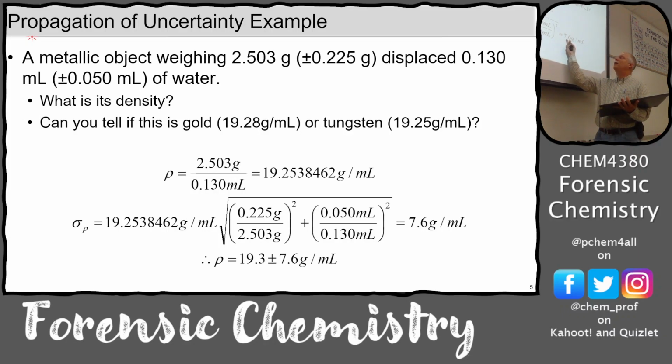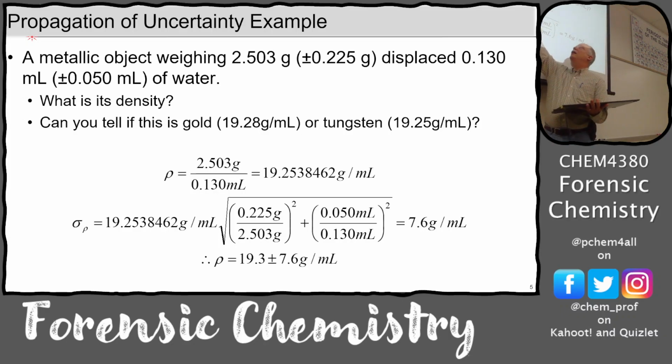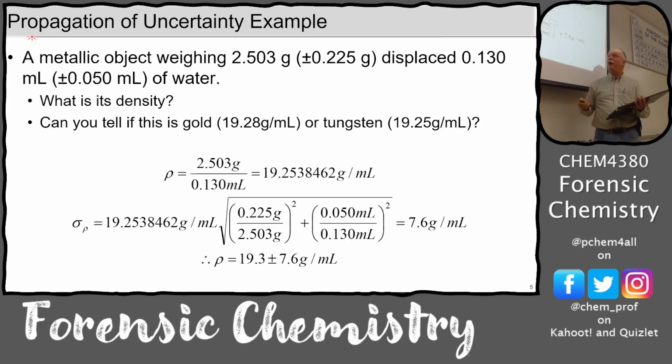So that tells me that I round at the 10th place. So this is my 7.6, so I have to round this result at 19.3. So I went up there and I rounded at the 10th place so that they match. And that's the one thing I want to point out. These two place values must match. If they go to tenths, they both have to go to tenths.